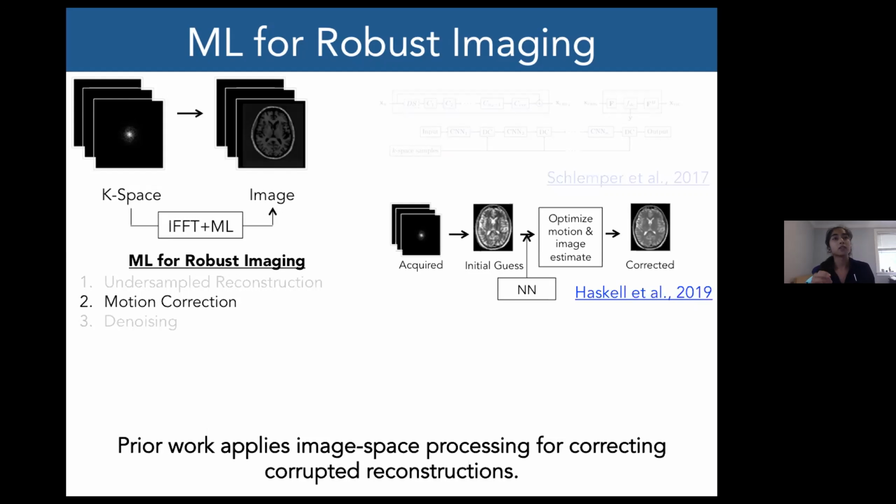Then they use a neural network to refine that guess. That refined guess is fed into an optimization program, which estimates both parameters of when and by how much motion occurred throughout the scan, as well as an estimate of the underlying image. And that underlying image estimate is what's output as the final corrected, motion-free output.